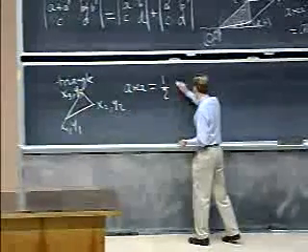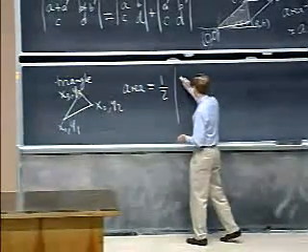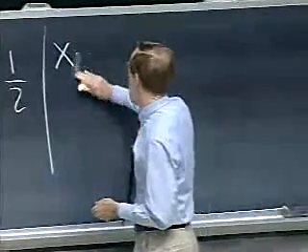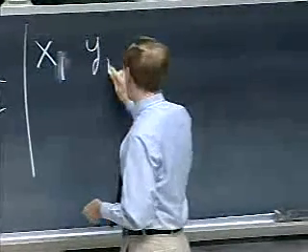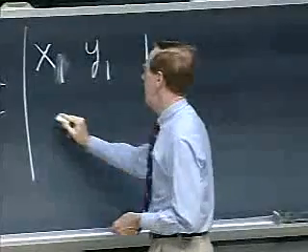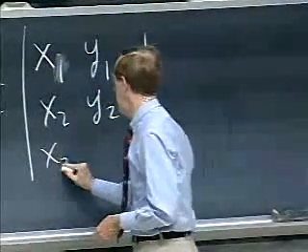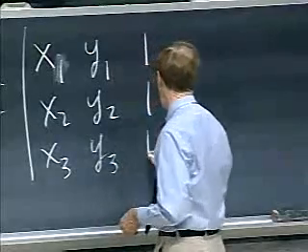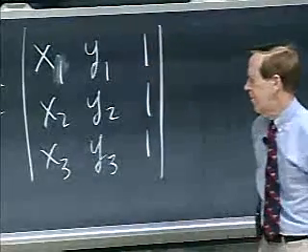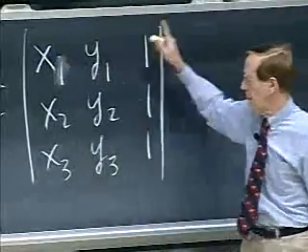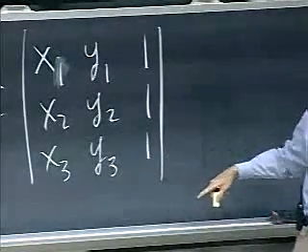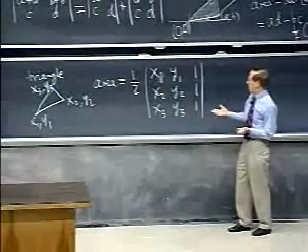So let me write down what it comes out to be. It turns out that if you do this: x1, y1, and a 1, x2, y2, and a 1, x3, y3, and a 1, that works. That's the determinant symbol, of course.